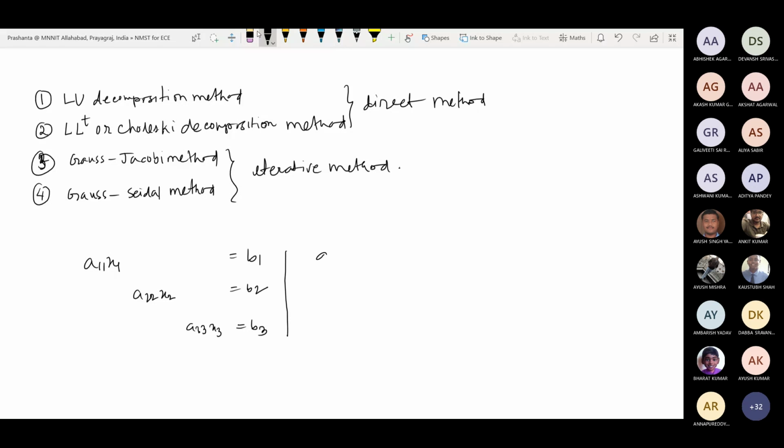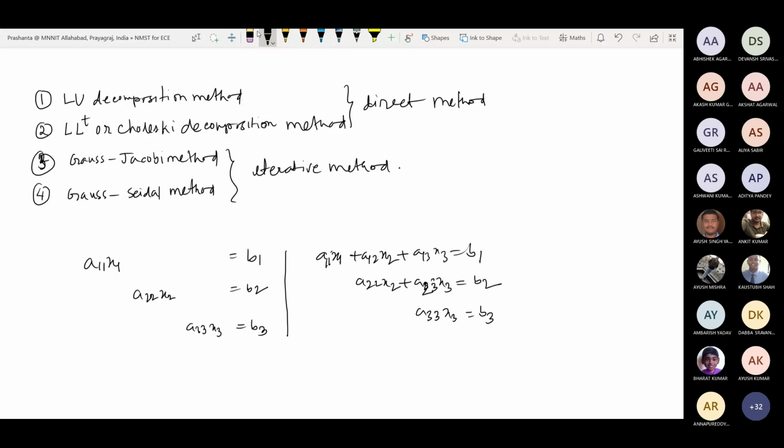If this is the system of equations: a11 x1 plus a12 x2 plus a13 x3 equals b1, a22 x2 plus a23 x3 equals b2, a33 x3 equals b3.